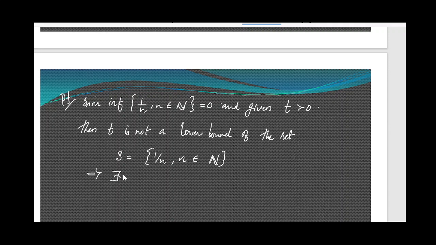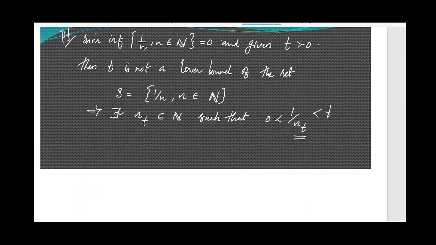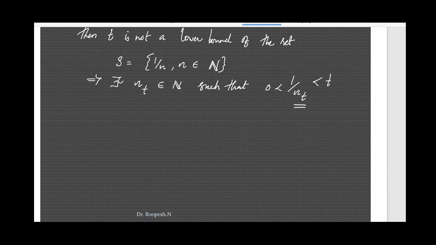So there exists some natural number n_t belonging to N such that 0 is less than the member of the set, 1 by n_t, and this value is less than t. Since t is not a lower bound, there is an element less than t, and that element is 1 by n_t. We wanted to prove this only. So we have got the proof, and hence the corollary.